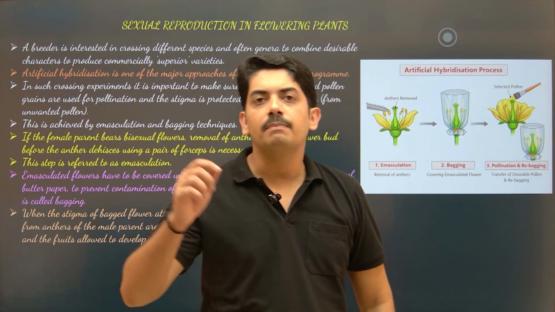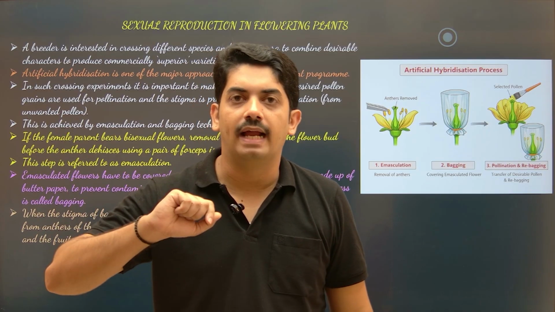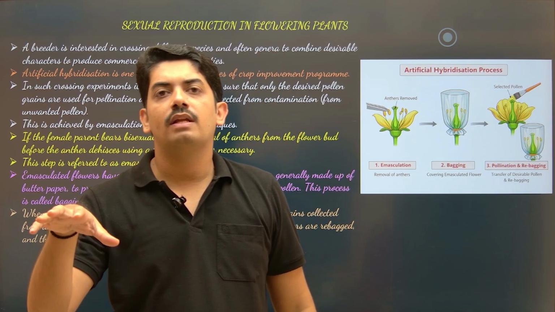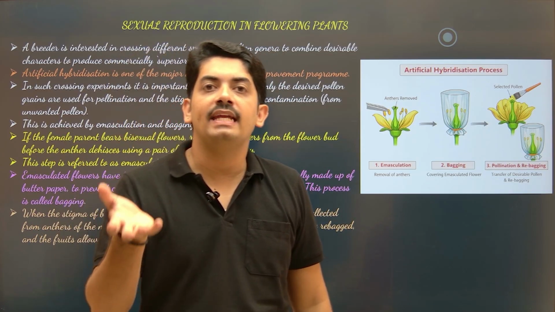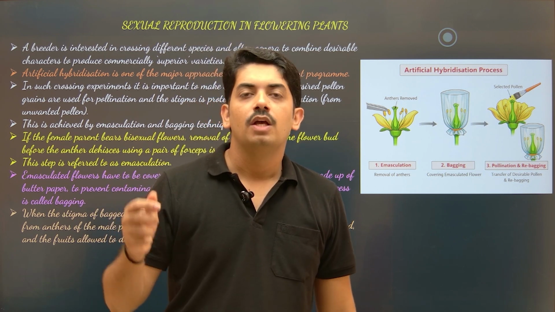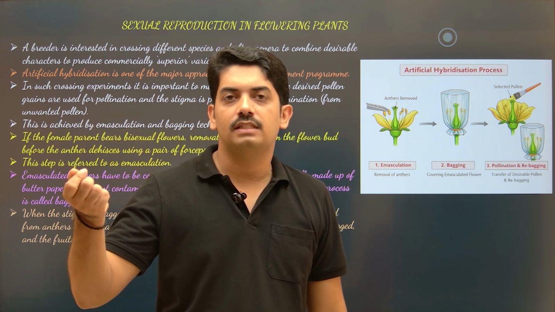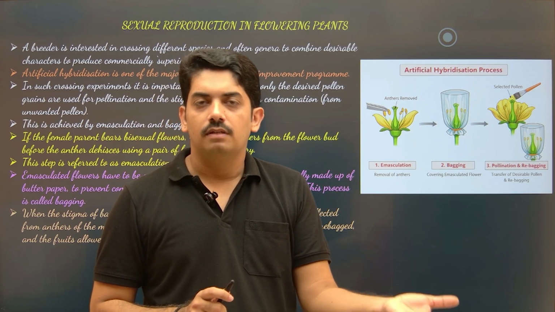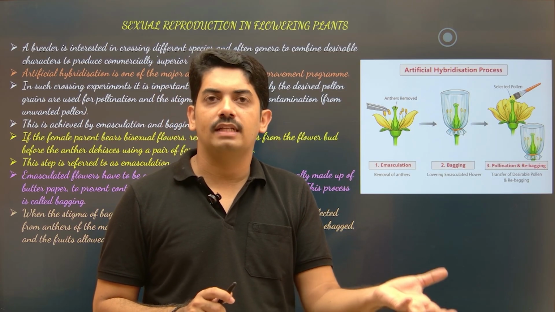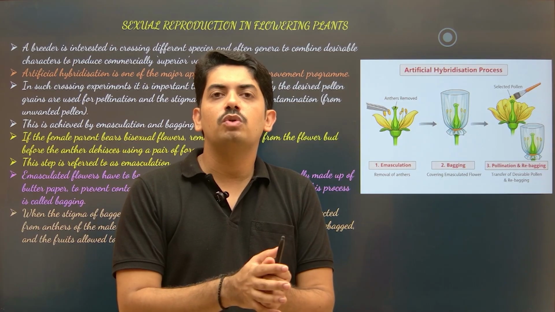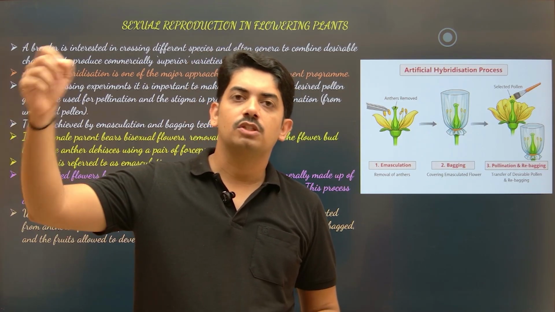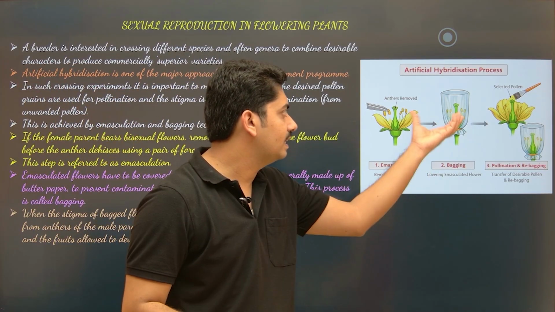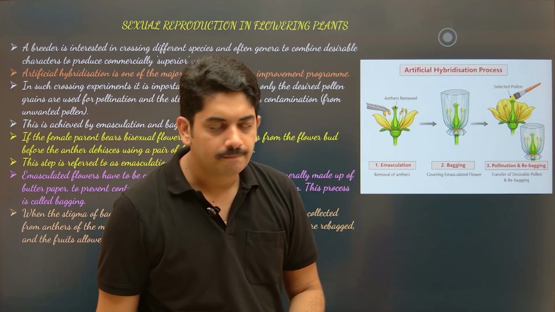Next, what will he do? He will take the pollen grains from the desirable plant. Somewhere he observed one plant producing very high yield with disease resistance, so he collected those plant's pollen grains, and what he is growing is a type of plant which has drought resistance. So he wants to include those two characters. He dusts those pollen grains on the stigmatic surface when the flower matures.